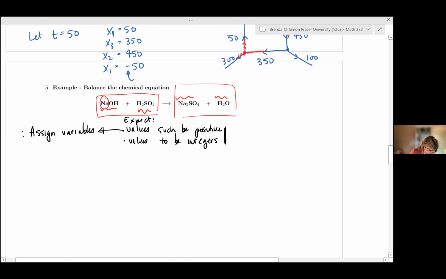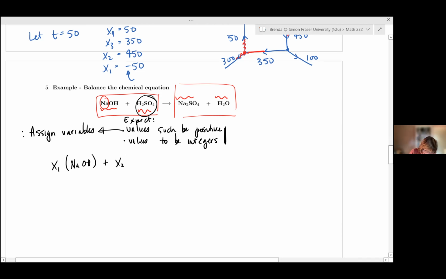So let's assign our variables. We're going to have x1 of sodium hydroxide plus x2 of hydrogen sulfide. I'm not even sure, it might be sulfuric acid, I don't think so, but hydrogen sulfide.